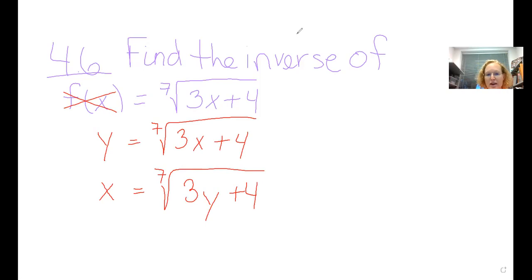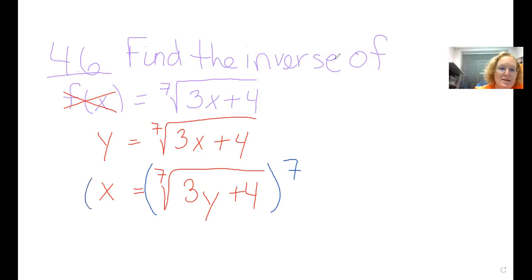Those first 2 things are the easy steps. This part is where it gets a little difficult. Remember, you're trying to get y by itself. Right now, y is underneath that 7th root. The only thing that will cancel out a 7th root is raising it to the 7th power.